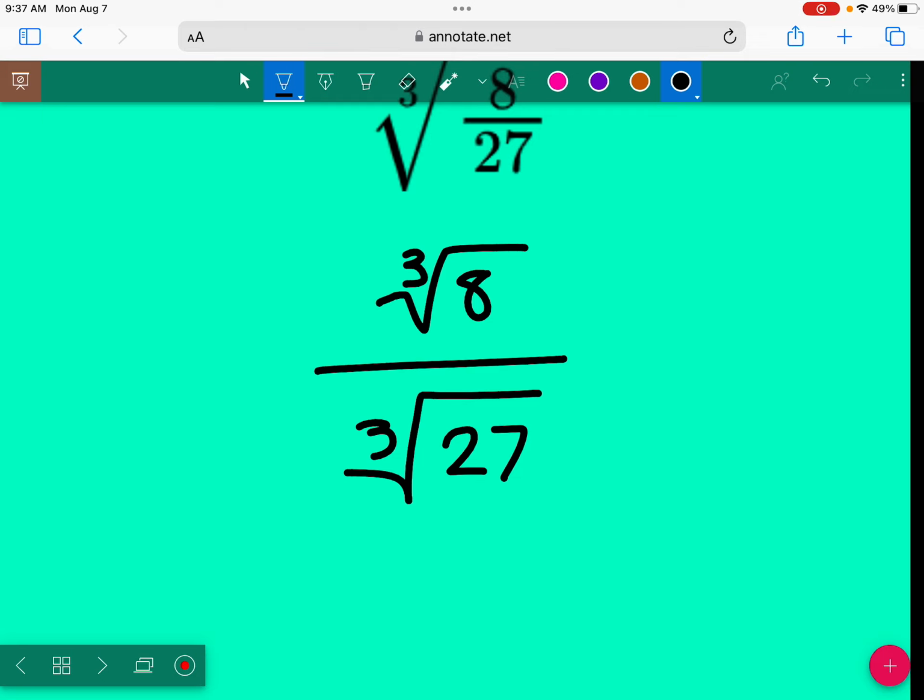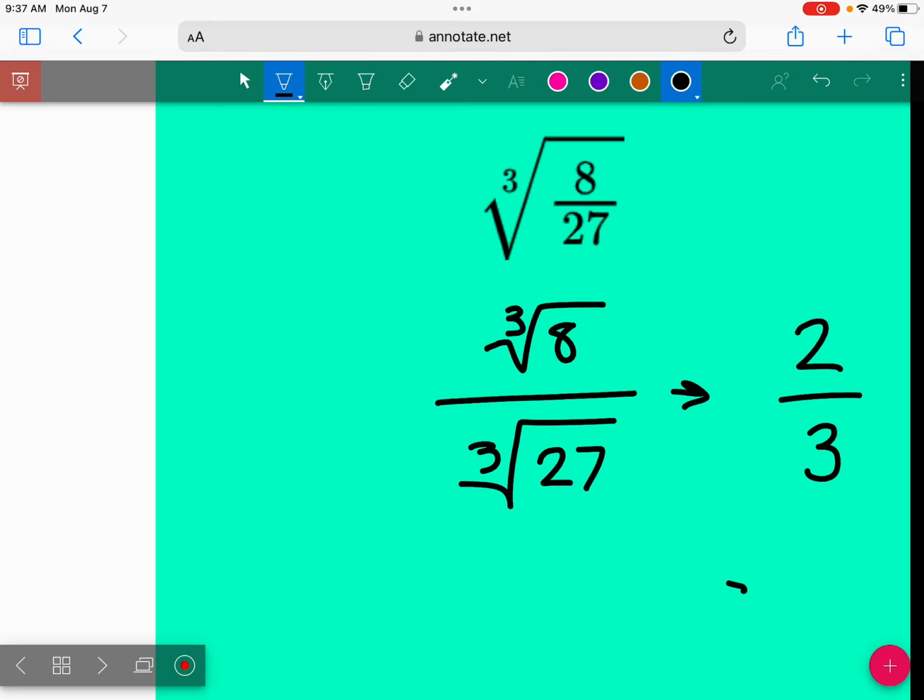Because then I can just look at, oh gosh, it's stuck to the table. Love that. Cube root of 8. We can think about that. Do we know cube root of 8? 2. 2 cubed is 8, so this becomes 2 over, what's the cube root of 27? 3. So this is just crazy notation for 2/3. Means the same thing. Okay, so we're just breaking it into chunks using these rules.